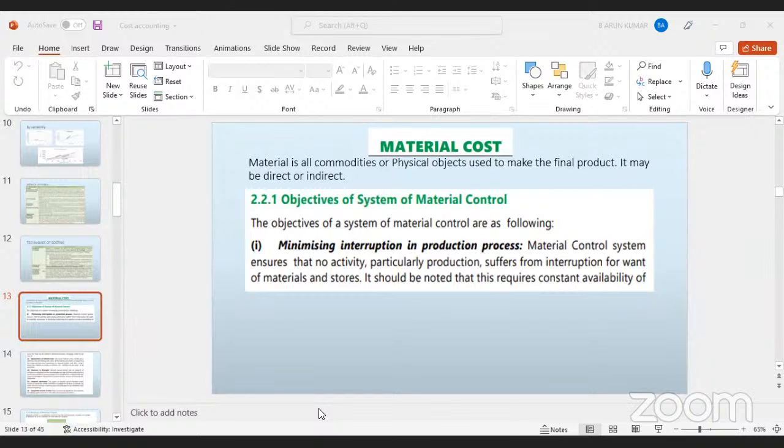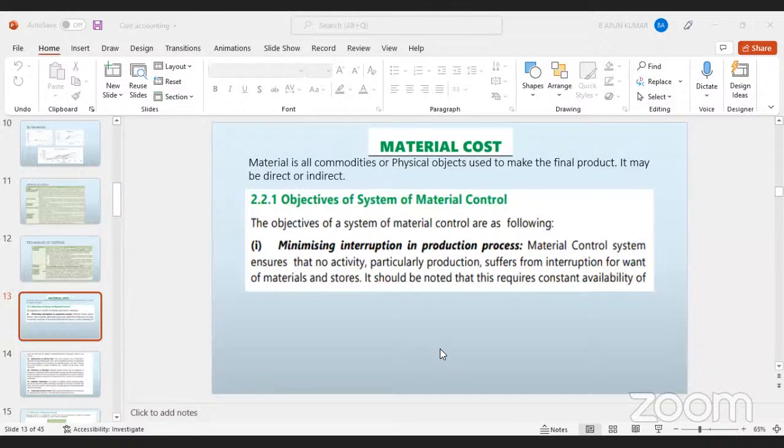Okay, next is material cost control. The objectives of a system of material control: the first one is minimizing the interruptions in the production process. Why do we prepare this material cost system? To minimize interruptions in the production process.